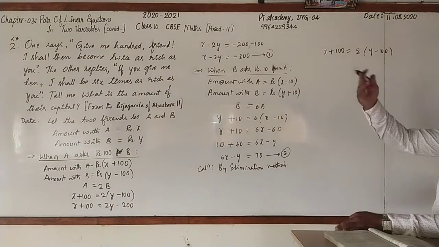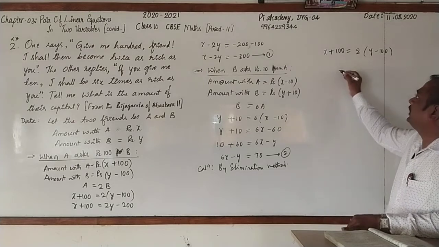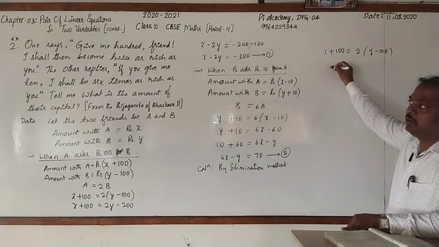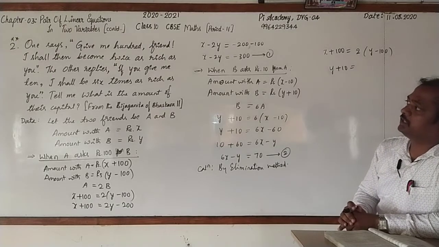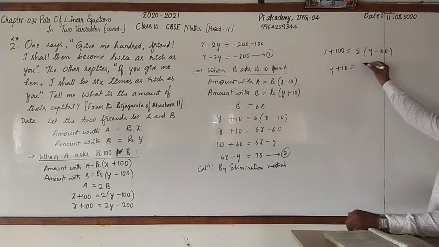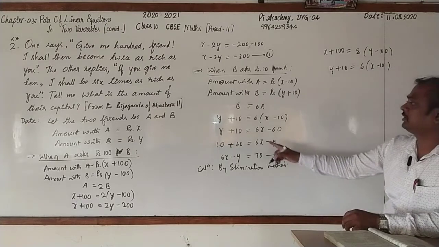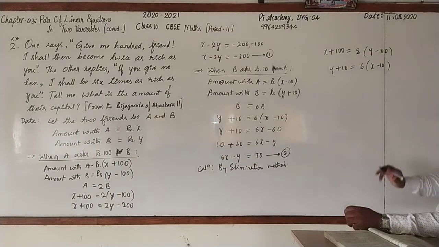Second case, B will ask, if you give me 10, then Y plus 10 is equal to, I shall become 6 times as rich as you, 6 into X minus 10. I'm sorry, Y plus 10 equal to 6 into X minus 10. Like this.